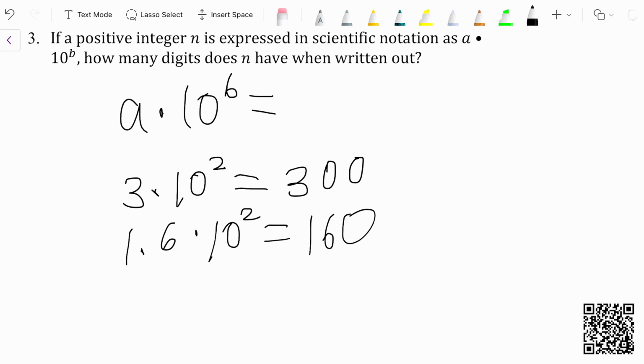That means it's always going to have 1 plus b digits. So the amount of digits that n has when written out is 1 plus b.